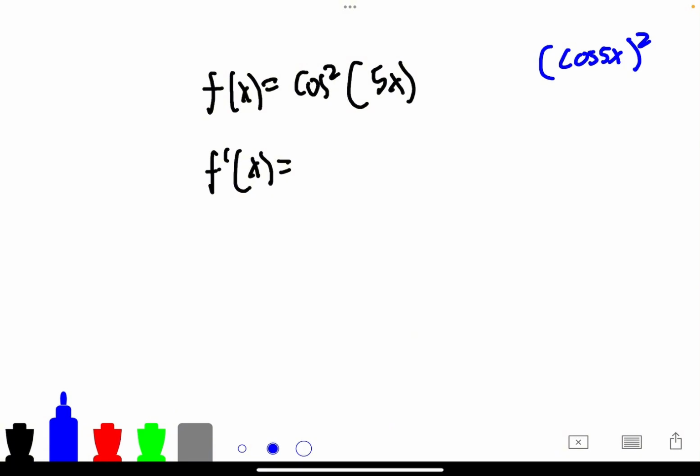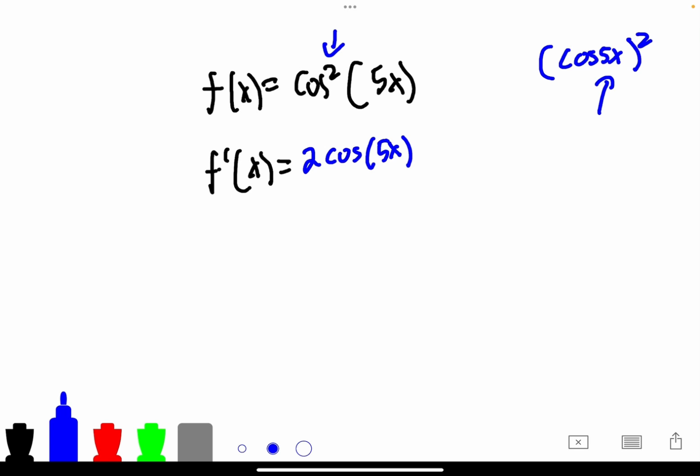I find it easier to go without this format, because I'm so used to just this format. So the 2 cosine of 5x, the 2 is the outside function, and you don't change the cosine yet.